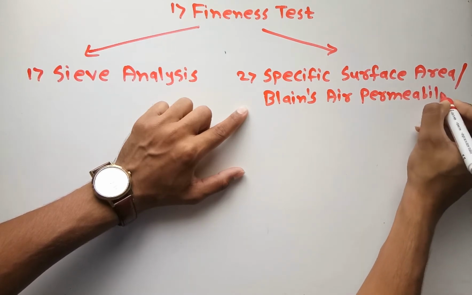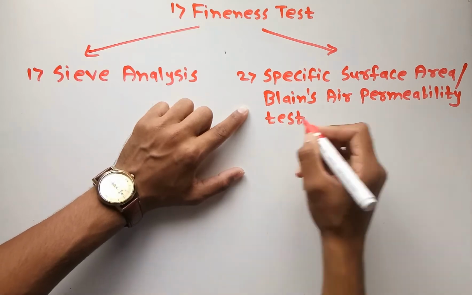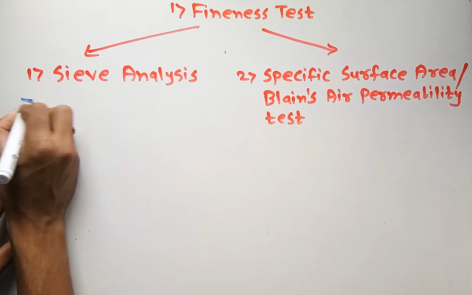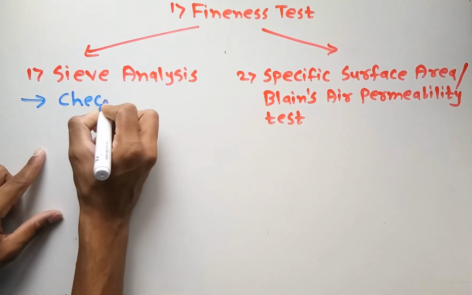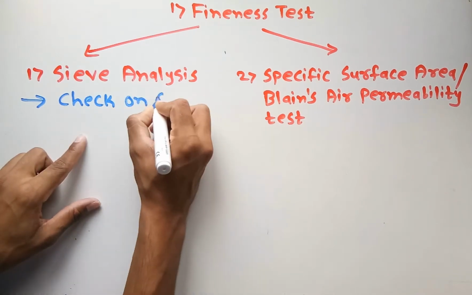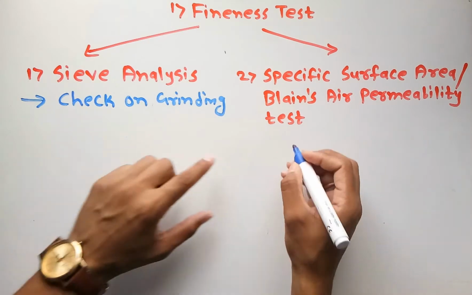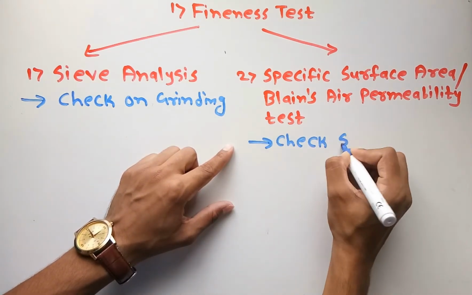In the sieve analysis, the check is given on the grinding, and in the case of specific surface area, the check is given on the specific surface area.